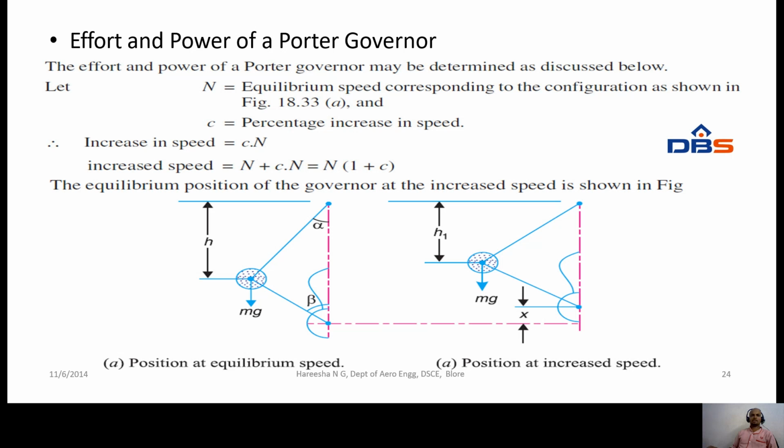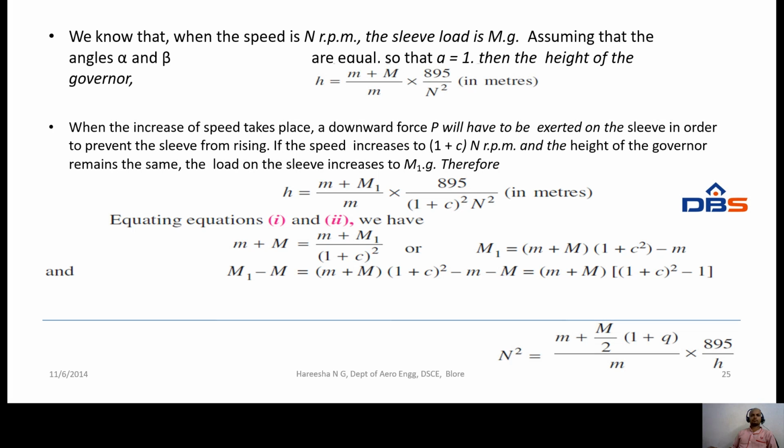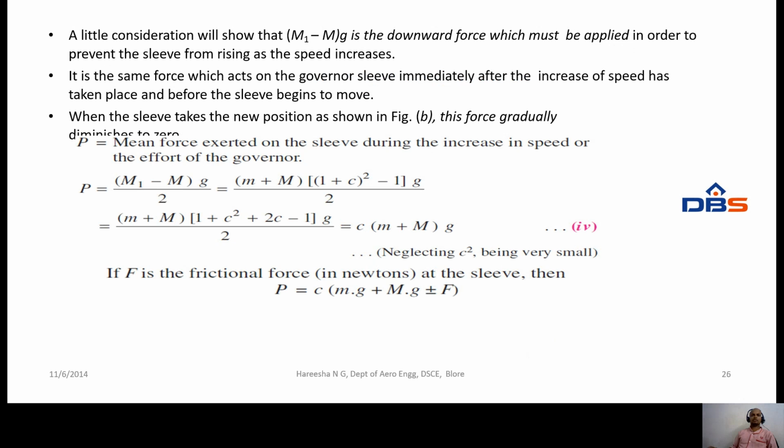For different governors we can get the formula for the relation between power and effort. For the Porter governor, this is the formula for how much the speed changes, so both the effort and the power will vary.